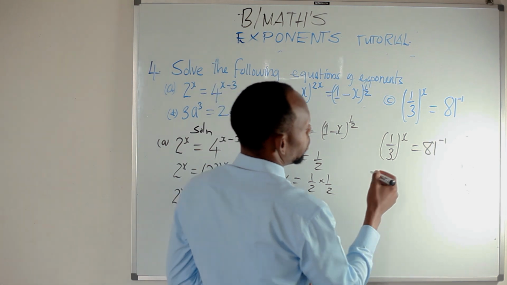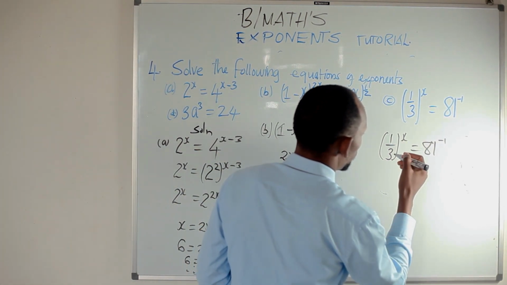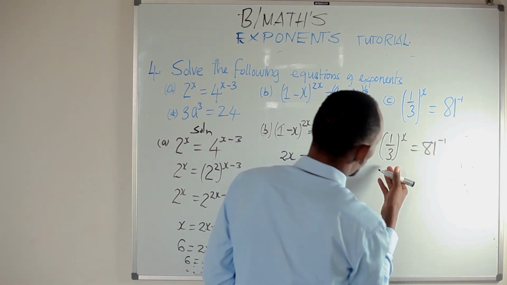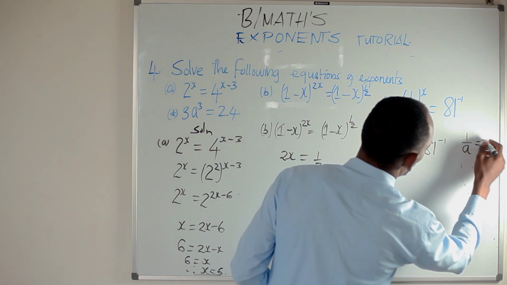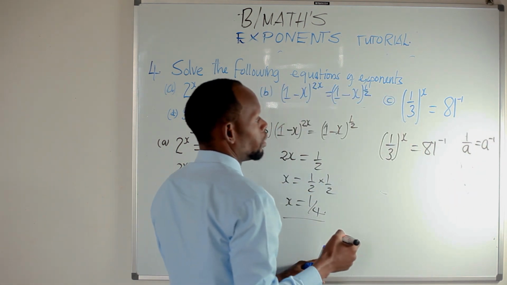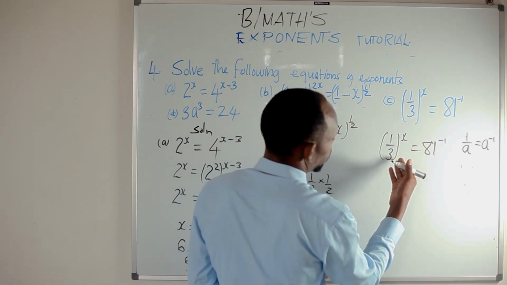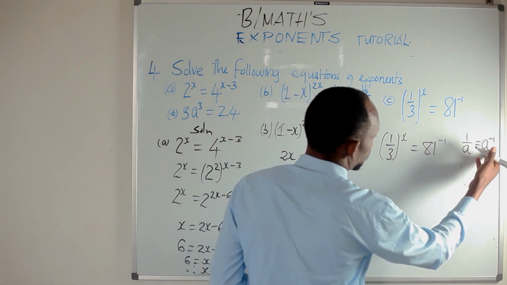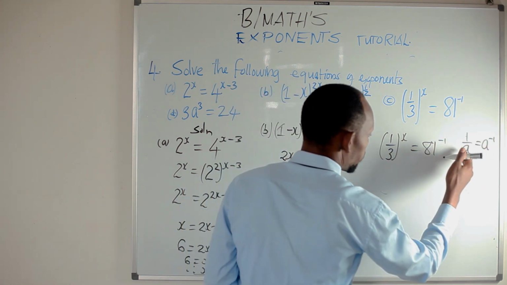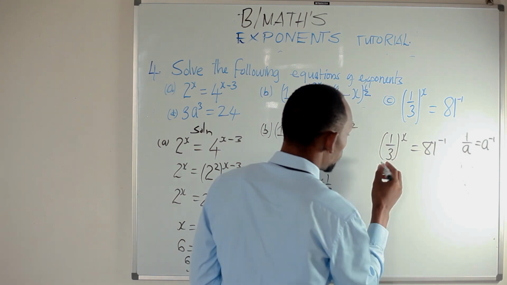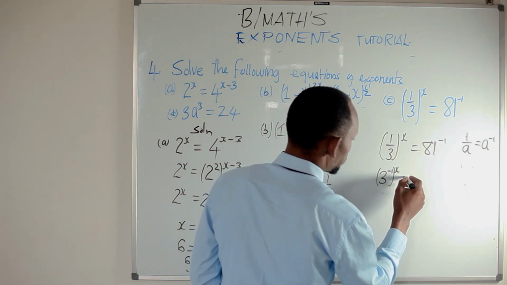As usual, you can interchange using 1 over a equals a power negative 1. You can change either way, so you can decide whatever you do. For example, let's take 1 over 3 as 3 power negative 1, in the bracket, power x.